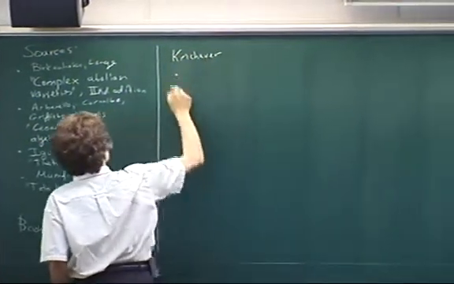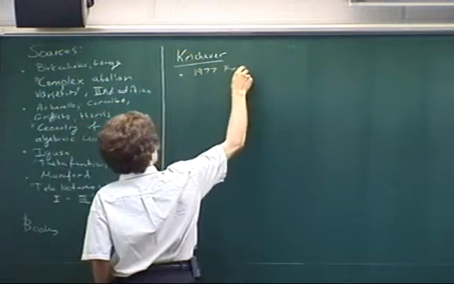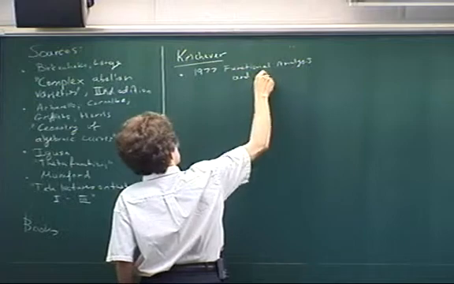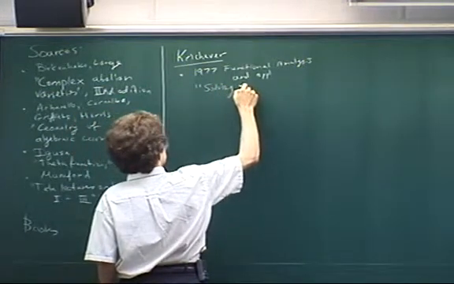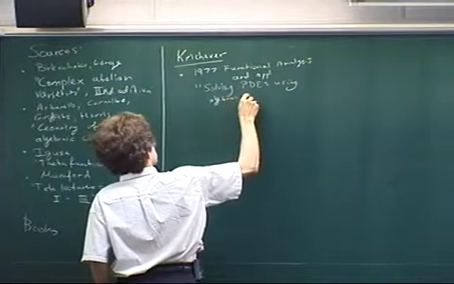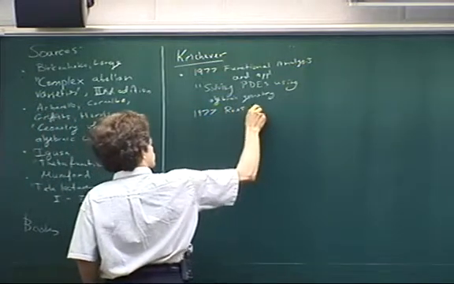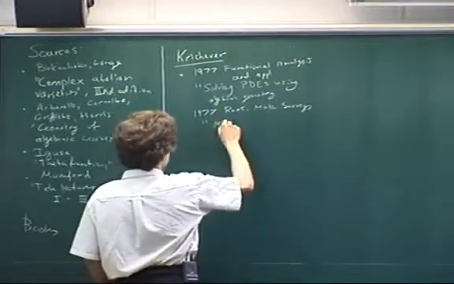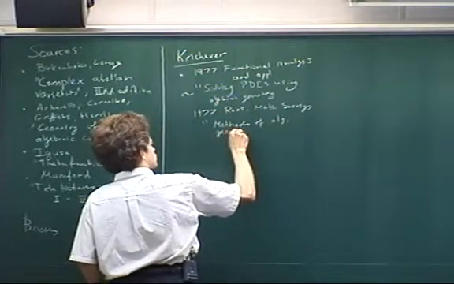There are two articles in 1977, one in the Journal of Functional Analysis and Applications, called something like Integration of Nonlinear Equations by Methods of Algebraic Geometry, and one in the Russian Math Surveys, called something like Methods of Algebraic Geometry in the Theory of Integrable Systems. This is roughly the title.